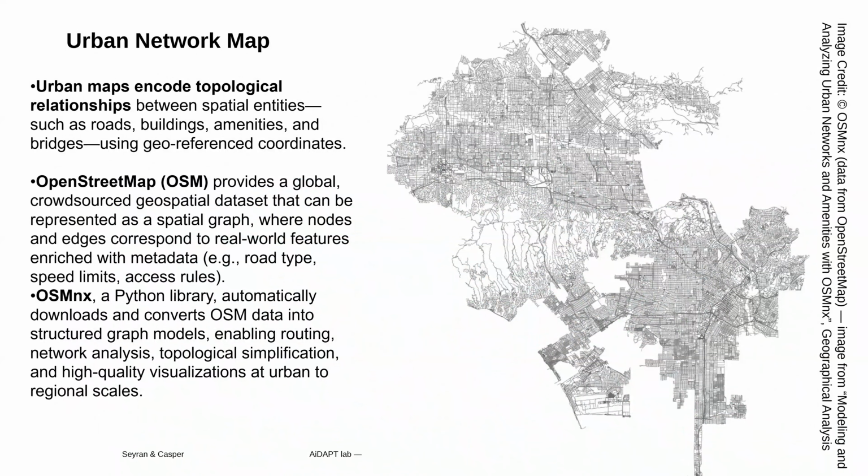This is a more graph-related example of data visualization. This is a road network in Los Angeles, based on OpenStreetMap, which is public and open-source data.